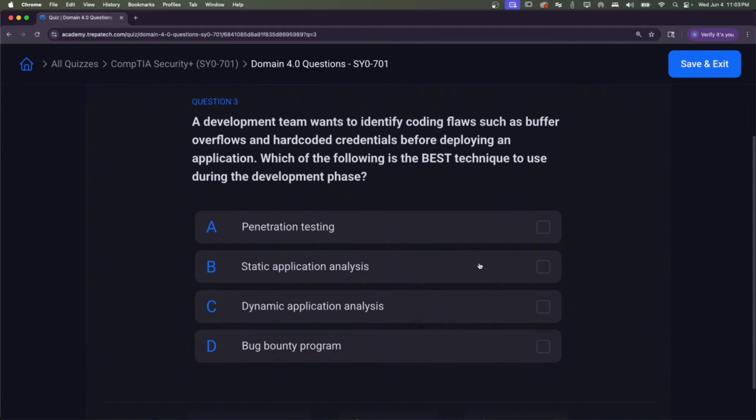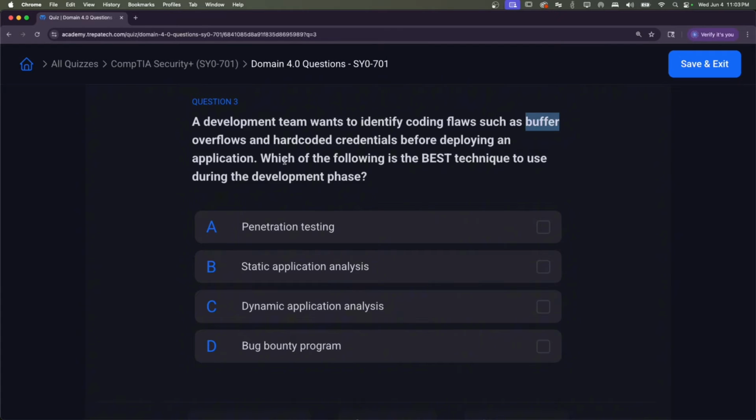Okay, question 3. A development team wants to identify coding flaws such as buffer overflows and hard-coded credentials before deploying an application. Which of the following is the best technique to use during the development phase? So we want to see our application in a runtime environment and see how it reacts to these attacks that will attack the actual application, right?